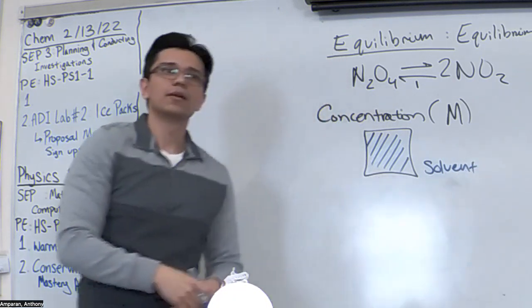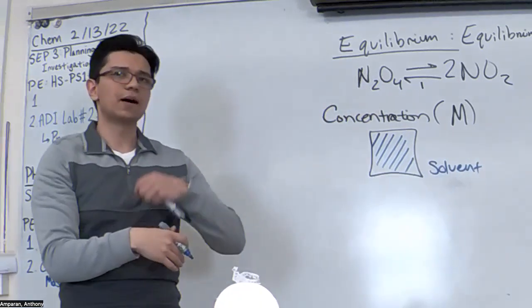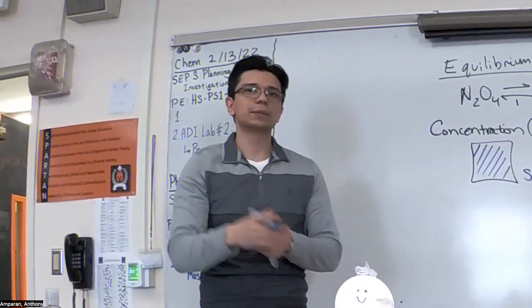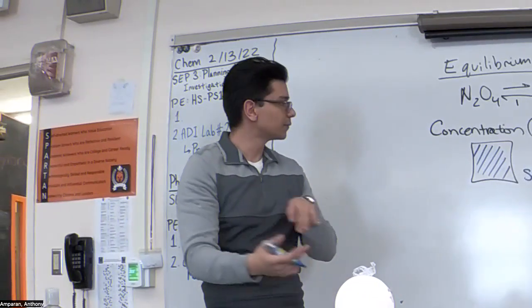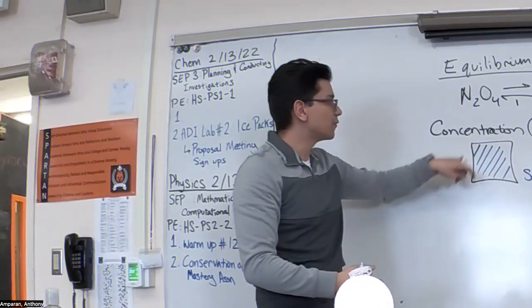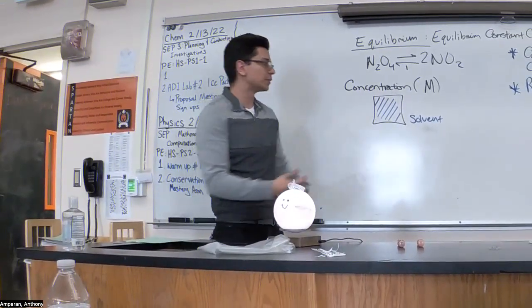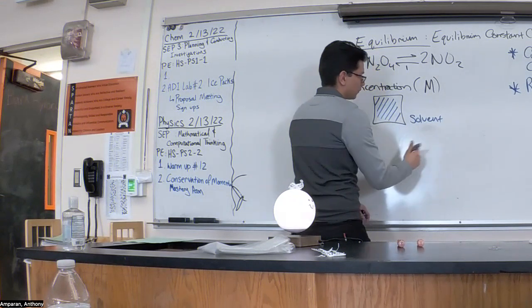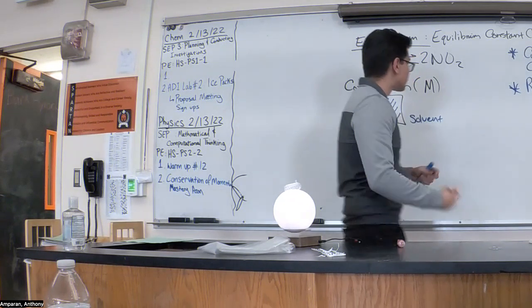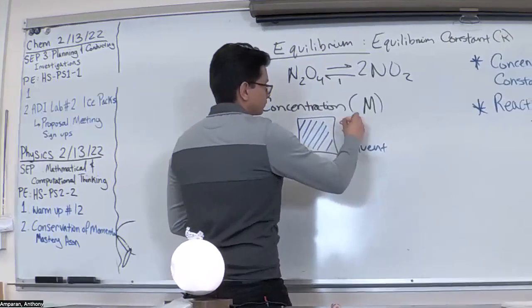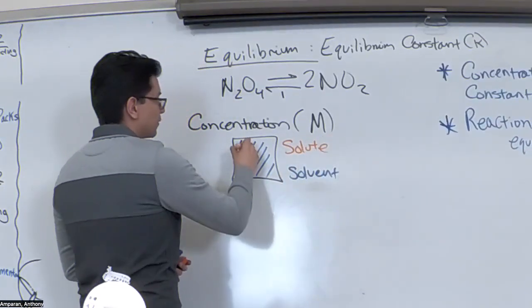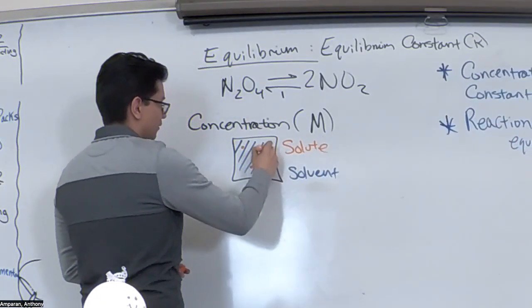my solvent. Back in Unit 2, when we talked about liquids, we talked about solutes, solvents, and dissolving. Solvent is whatever you are dissolving things in. So in this case, my solvent would just be water. And then my solute is whatever material I have inside my container.